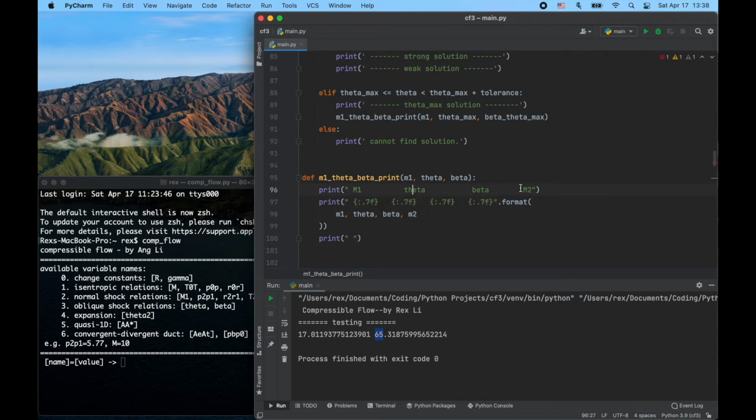But we do not know Mach number 2 yet, so we have to find it.